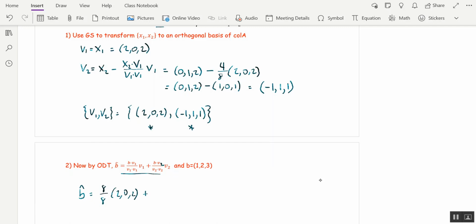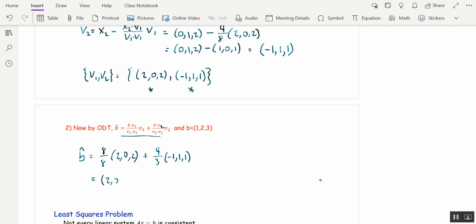B dot V2 is 4, V2 dot V2 is 3, and that is times V2, which is negative 1, 1, 1. So that's 2, 0, 2 plus negative 4 thirds, 4 thirds, 4 thirds, which is equal to 2 thirds, comma, 4 thirds, comma, 10 thirds.